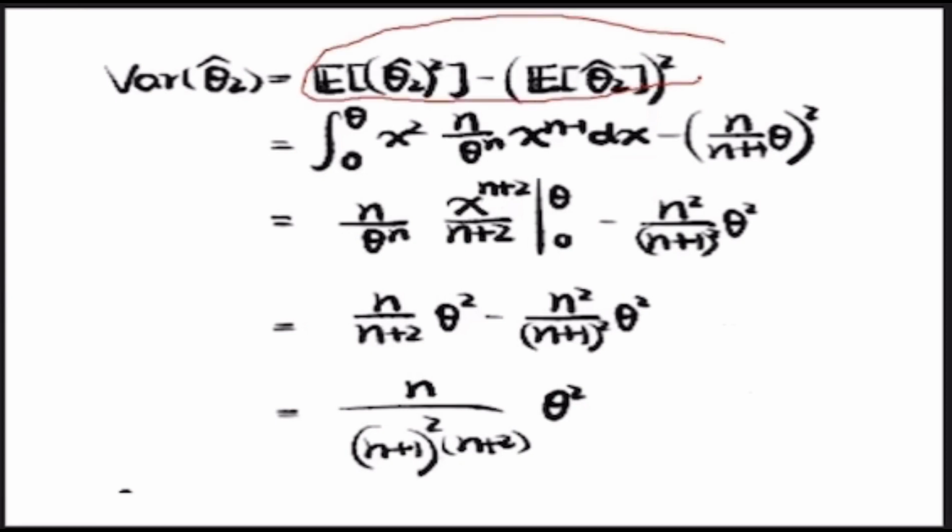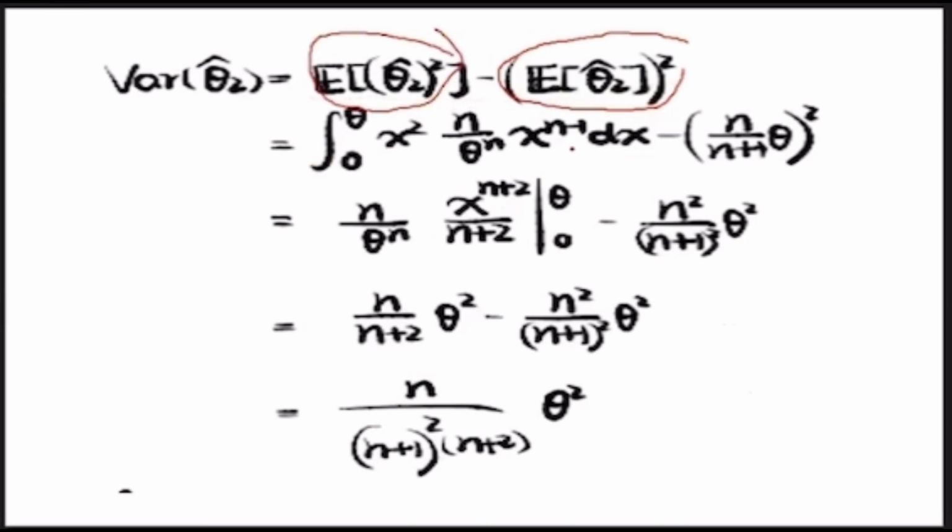Expected value of theta cap squared minus expected value of theta cap all squared. I've already gotten this one, I just need to square it, but I need to go back and get this from the integration using the probability distribution of the maximum. At the end of the day, this is what I got as a variance.